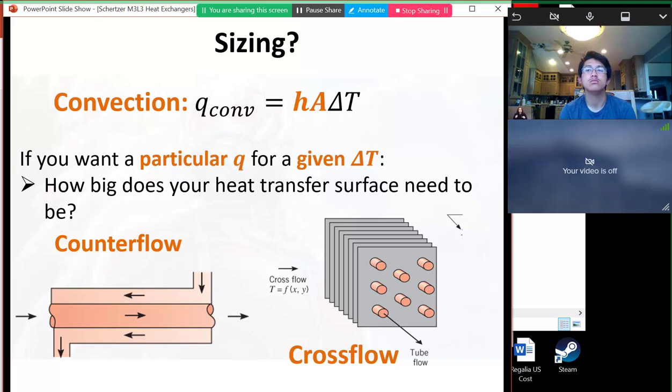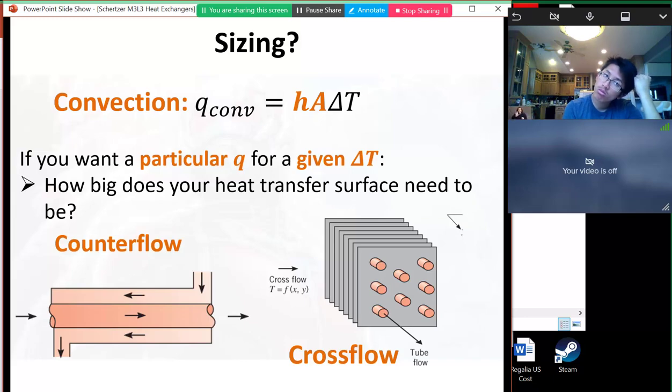This is interesting because this would have been our third case study. We're not going to do the third case study, but it would have been for you and your team to design a heat exchanger given some requirements, right? You would have had to pick a particular type of heat exchanger, do some analysis, and figure out how much area you would need to make your heat exchanger. And you would have had to fit that heat exchanger in a particular volume.